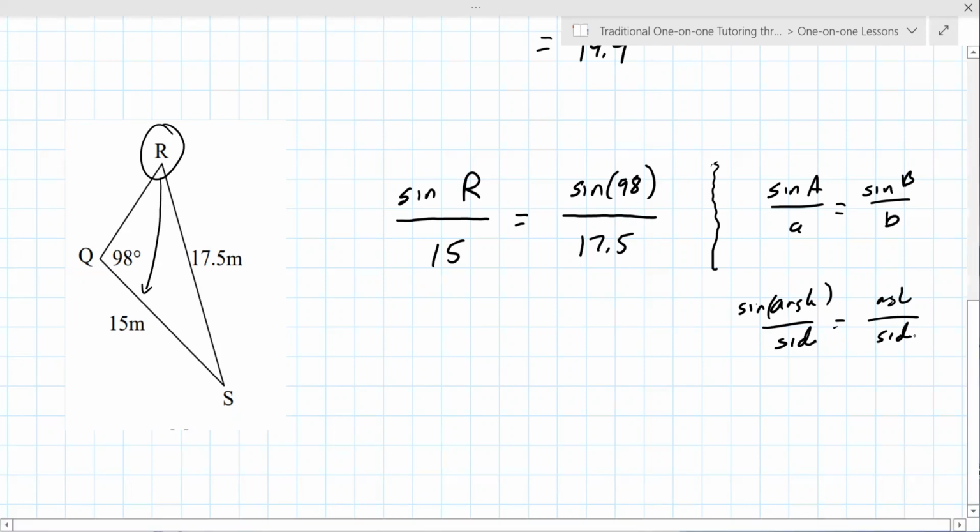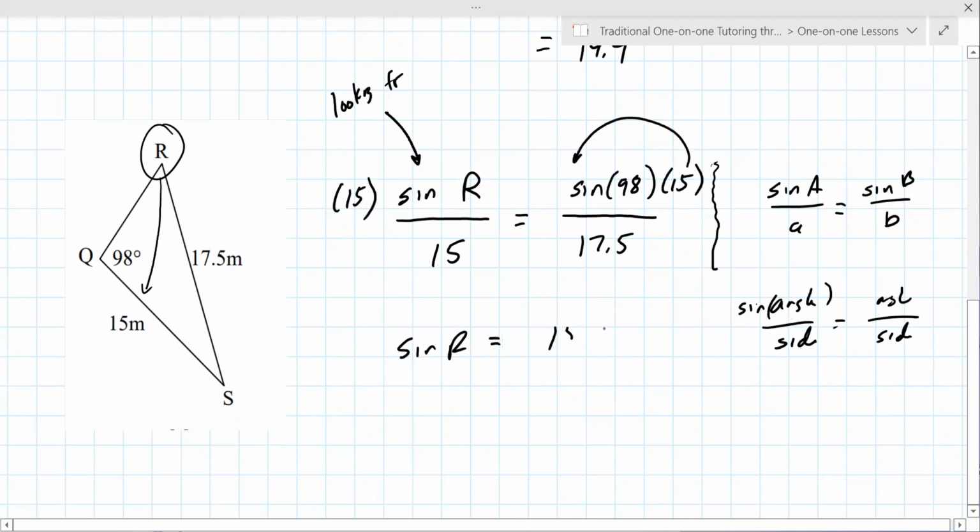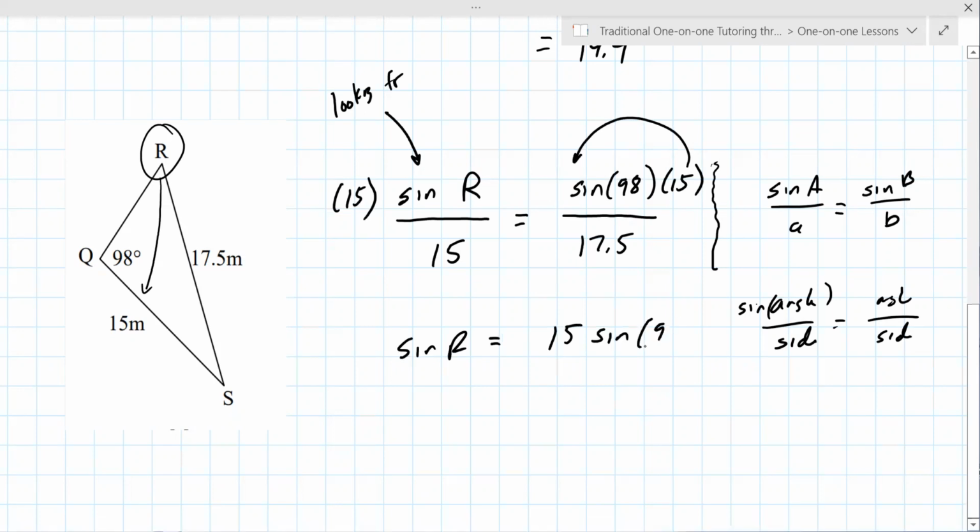Okay. And my preference is always to put the thing we're trying to solve for in the top left. So we undo by multiplying by 15 on both sides. So sine R equals, and really better to put that 15 in front, 15 sine 98 over 17.5. And then how do you undo sine?